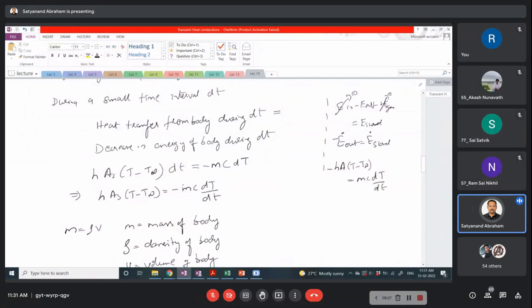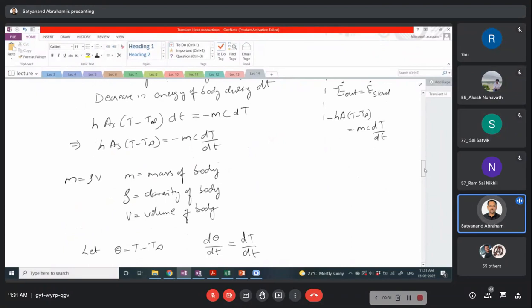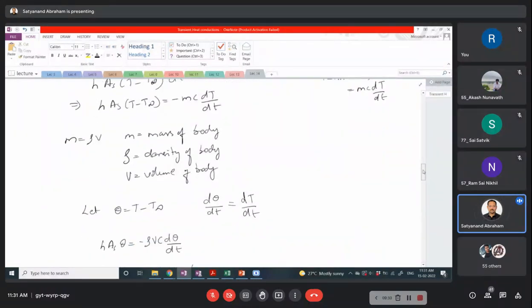We rearranged it and put theta equal to T minus T infinity.